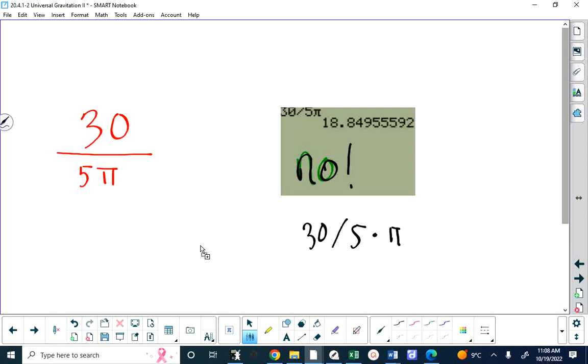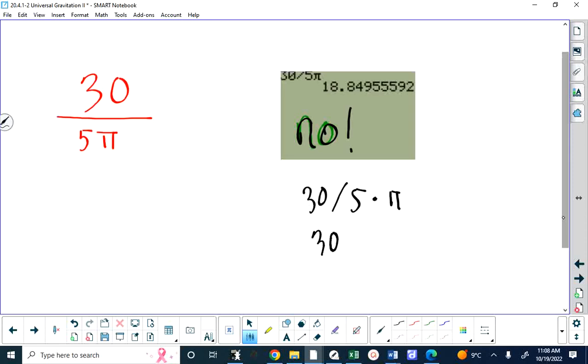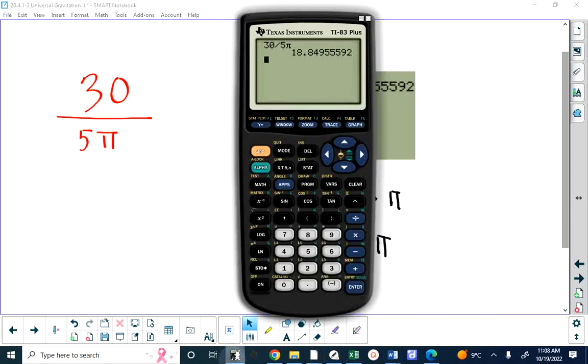Your calculator takes 30 divided by 5 and multiplies that by pi, which is not what we wanted. We didn't want to divide only by 5. We wanted to divide by 5 pi. There are two ways out of this little problem. One is to go 30 divided by brackets 5 pi.